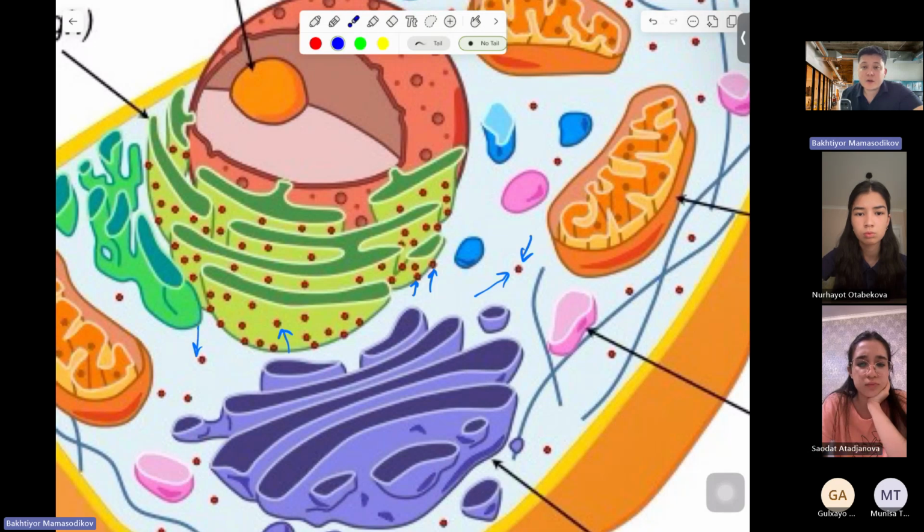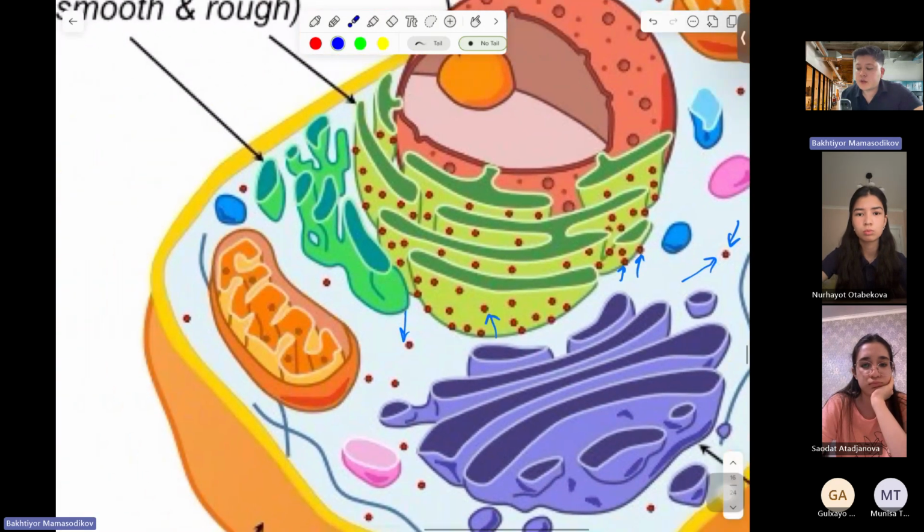That's why they are called rough. What's the meaning of rough? Bumpy, right? What's the meaning of smooth? They are smooth endoplasmic reticulum. They are rough endoplasmic reticulum. Smooth means even, silky. This one is rough and bumpy.